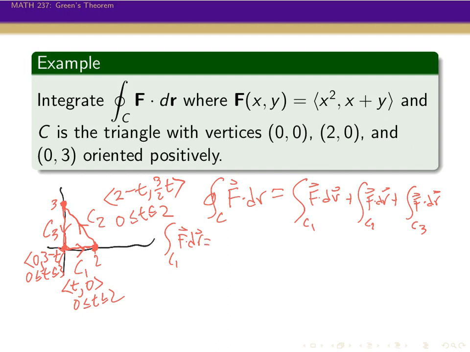For C1, my parameterization is t, 0, so plugging that in for F, that's going to give me t squared, comma t, and I'm dotting with the derivative of the parameterization, which is 1, 0, dt, going from 0 to 2. So this is the integral of t squared from 0 to 2, dt, which gives me t cubed over 3, so this is 8/3.